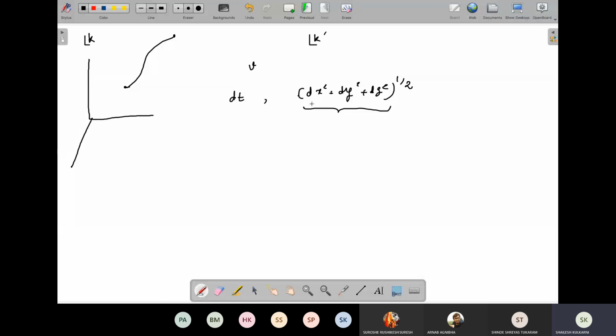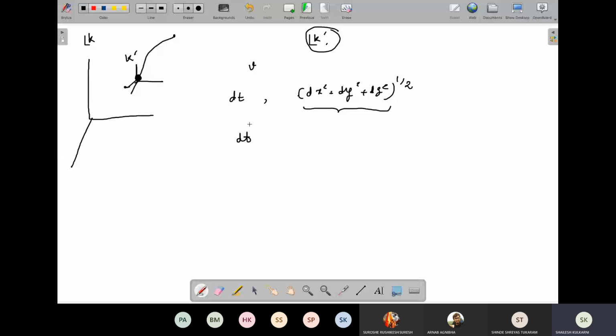Now suppose this is my particle, and I take my K prime frame and attach it to this particle. Now this is my K prime frame. And the question is, what is this time interval dt?